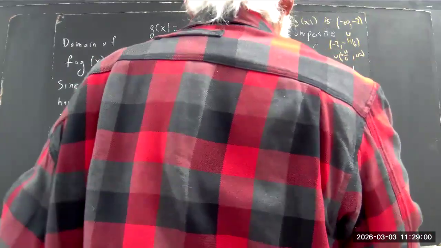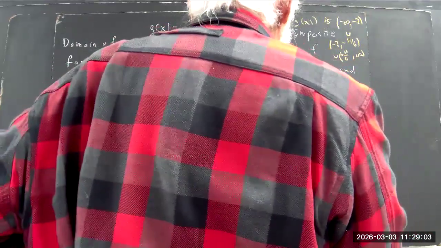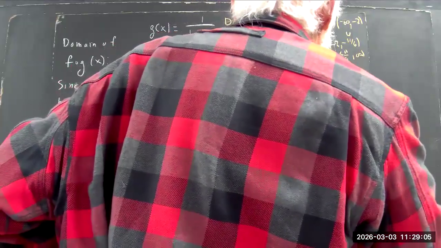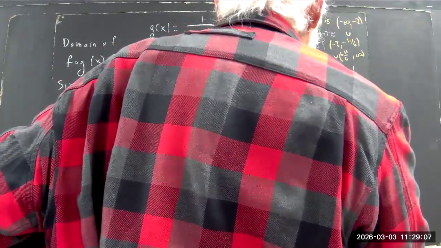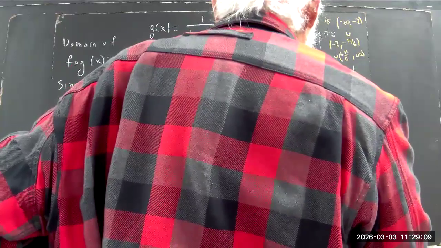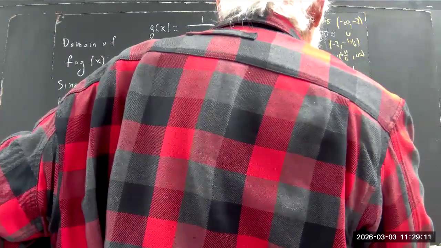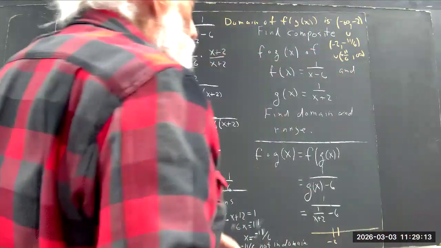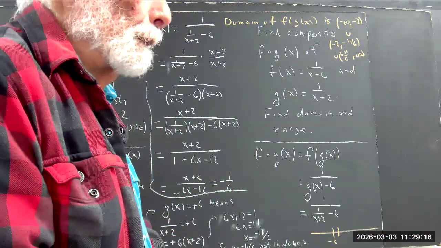If I want to graph that domain, I'm going to do it down here. I've got negative 2 here. And close by, I've got negative 11 over 6. Remember, negative 12 over 6 would be negative 2.